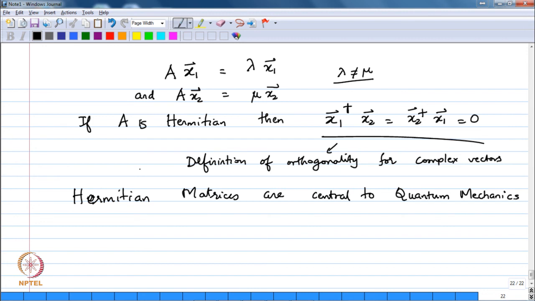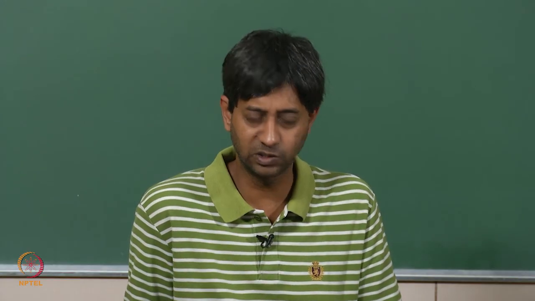So, the idea of Hermitian quantities is central to quantum mechanics because they have real eigenvalues. Eigenvalues correspond to observed values. So if you have an observable, then its value should be real. So, it should have real eigenvalues, and a matrix that has real eigenvalues is a Hermitian matrix. So this idea of Hermitian matrices plays a very important role in quantum mechanics. So, with that I will conclude module 2.